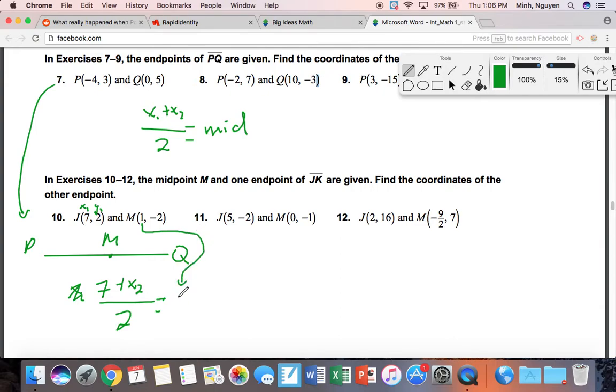It's 1. So how do you get x2 by itself? Well, you would multiply everything by 2. 7 plus x2 equals 2. And then you would subtract 7. So you get x2 equals negative 5.